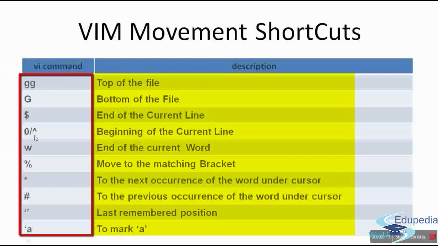Either you press 0 key or the caption key in the escape mode, you will be taken to the beginning of the current line. So that is the shortcut to take you to the beginning of the current line.